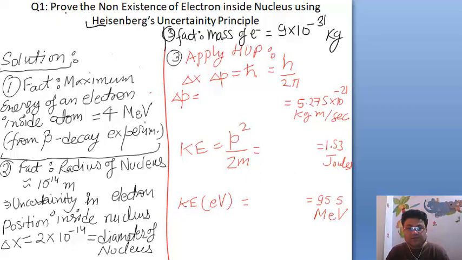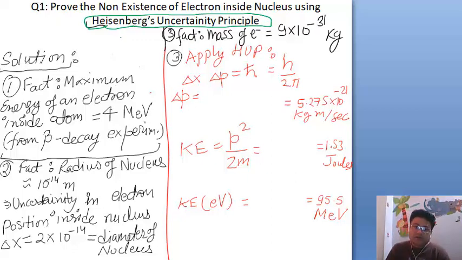Okay, so this is the principle which states that two canonically conjugate quantities cannot be measured simultaneously beyond a certain limit, and the limit is given by Planck's constant, that is of the order of 10 to the power minus 34.